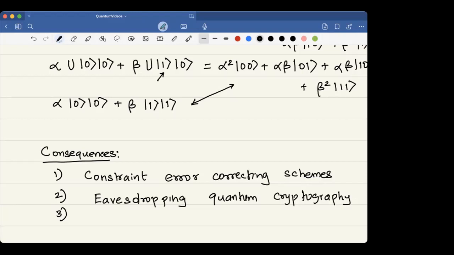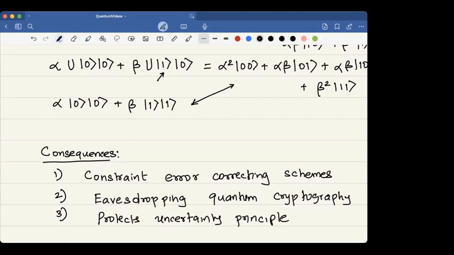Suppose you are able to make a very large number of copies of an unknown quantum state, then you could use various measurement apparatus or various incompatible observables to find out what that particular quantum state is by making a large number of observations. So it protects the uncertainty principle as well.